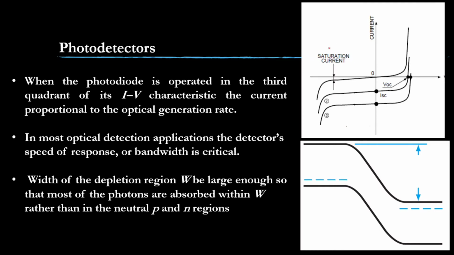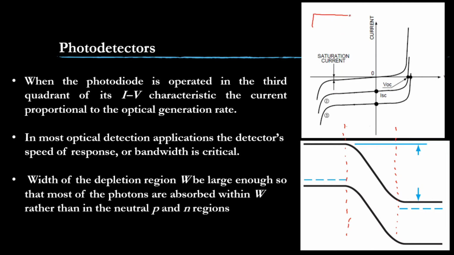I'll just remind you of the same once again, and look at this diagram, the energy band diagram of a PN junction in reverse bias. In the previous class we told the third quadrant is basically reverse biasing of the PN junction. So we have to apply a reverse bias across the PN junction.